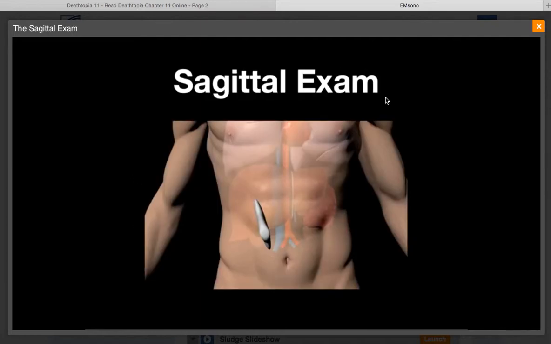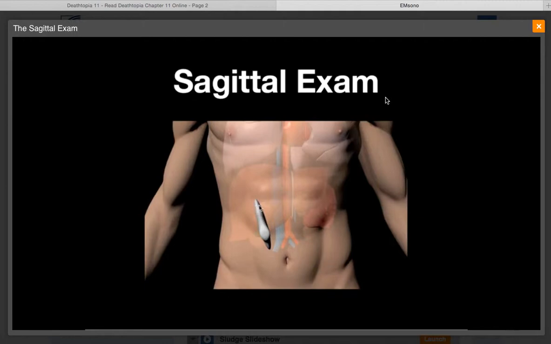The decision to begin the gallbladder exam in either the sagittal or transverse windows is purely an individual decision. The sagittal exam, however, is going to be begun by placing the transducer under the right costal margin with the indicator directed towards the patient's head.